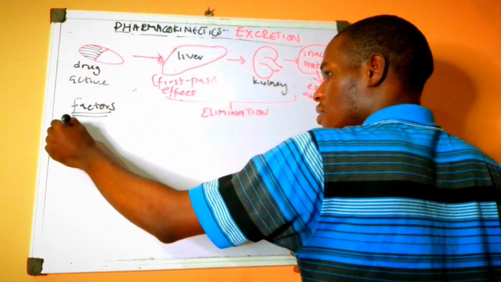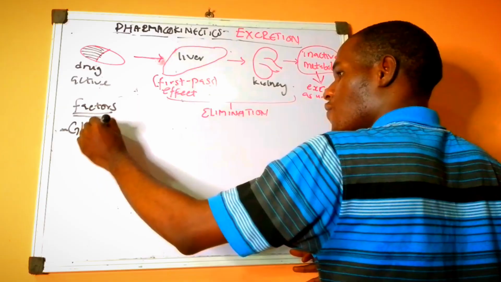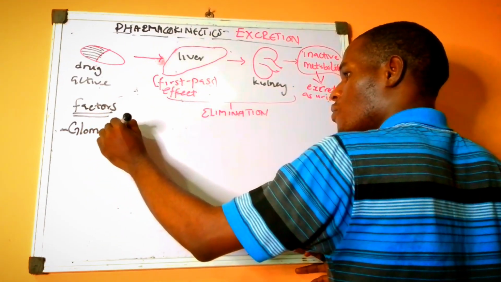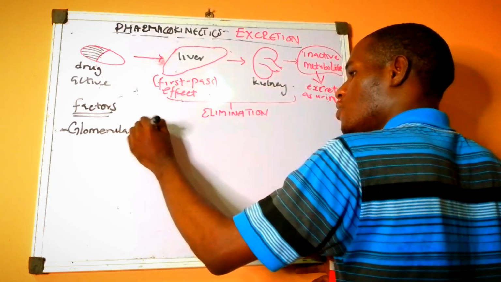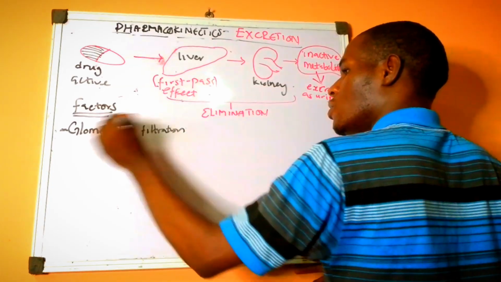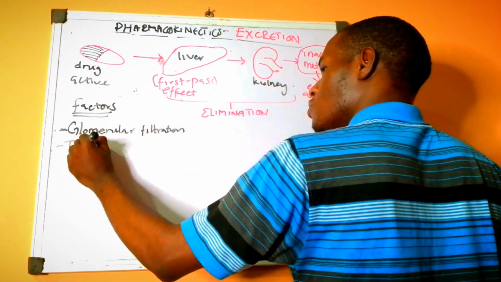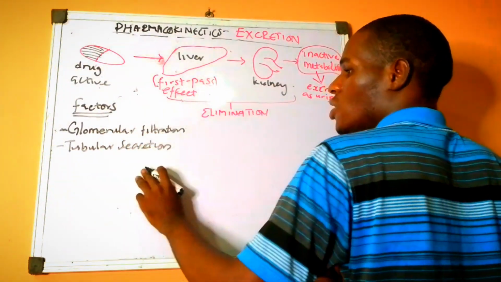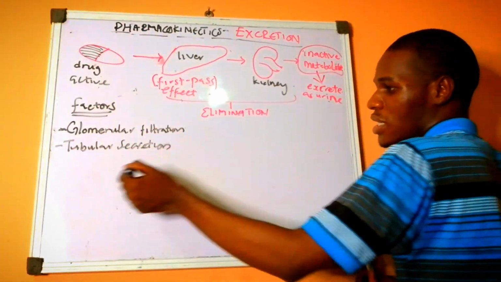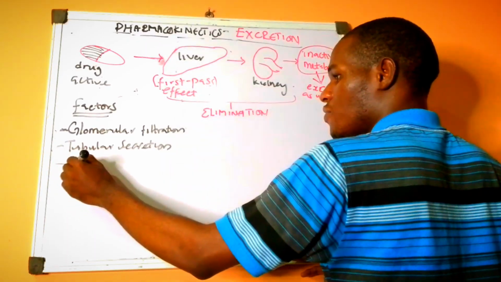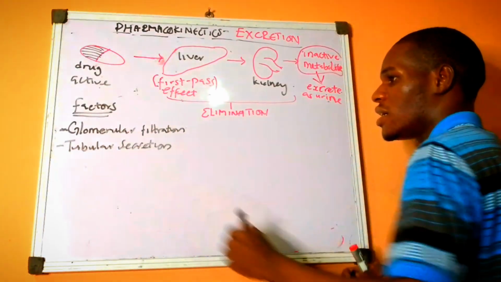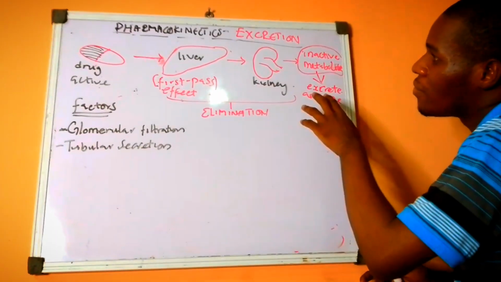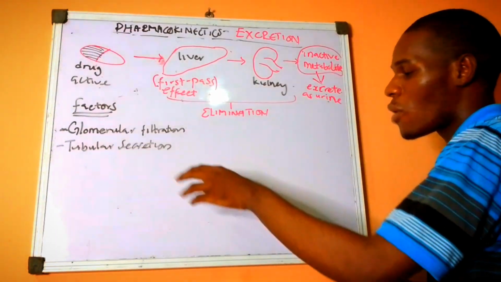The first one is glomerular filtration, if you remember from your renal physiology. The second one is tubular secretion, right? I'm just going to look at these two basically, and probably reabsorption. But these two are what I will use to explain the factors affecting the excretion of the drug, and probably I will add one more.